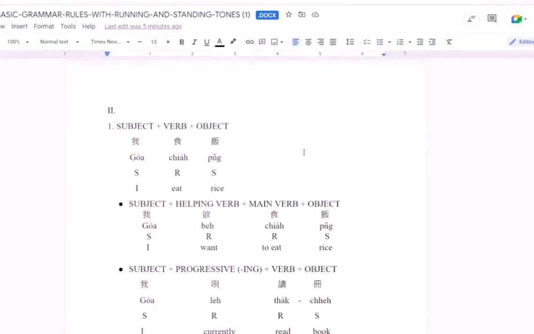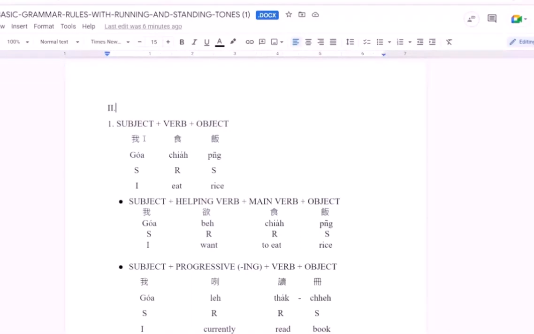First, let's start simple. In this kind of sentence, the subject, verb, object order occurs in English, so we're very familiar with this kind of word order. It's just a very simple word order.